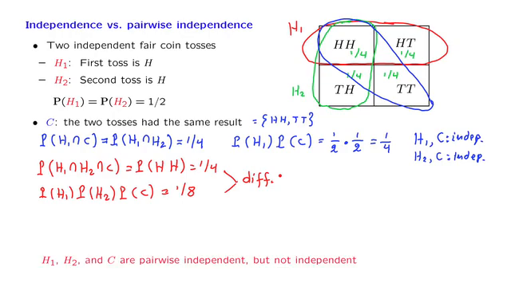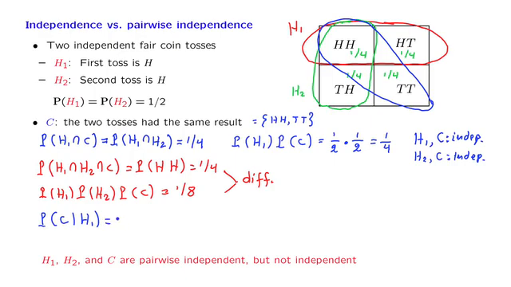So in this example, H1, H2 and C are pairwise independent, but they are not independent in the sense of an independent collection of events. How are we to understand this intuitively? If I tell you that event H1 occurred, and I ask you for the conditional probability of C given H1, what is this?